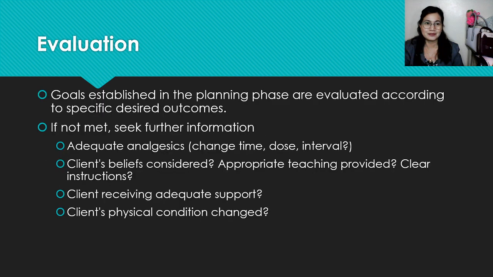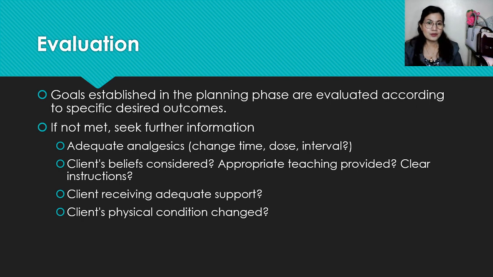In terms of evaluation, again, goals established in the planning phase are evaluated according to the specific desired outcomes. If not met, seek information from the client or from the significant others.